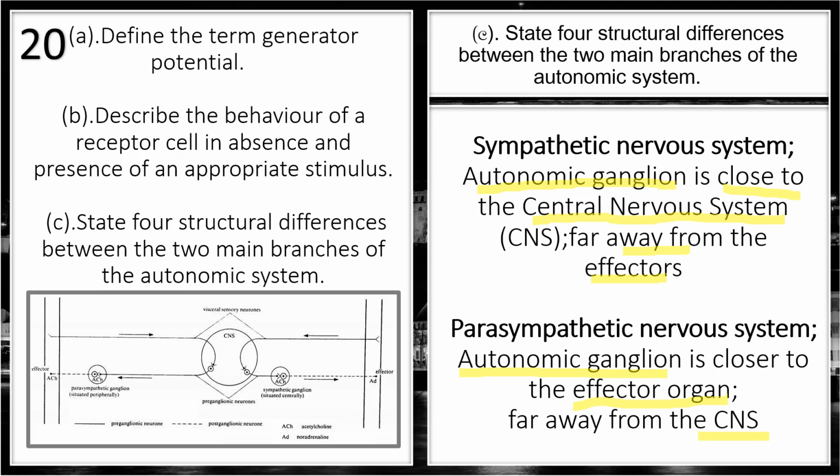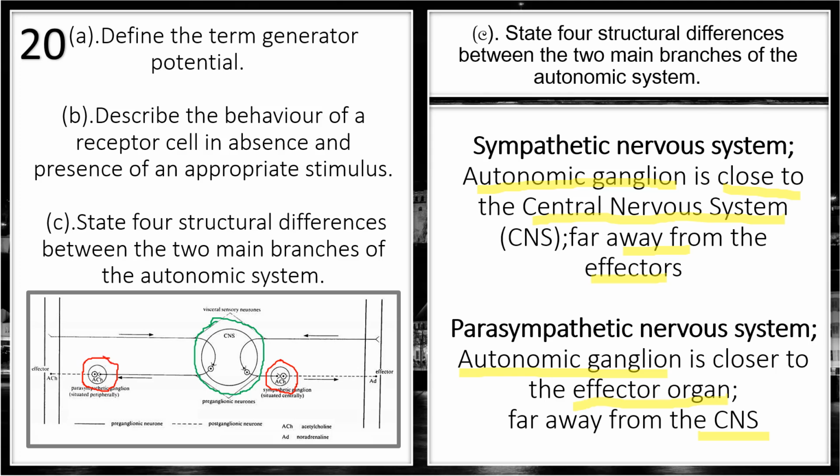So let us come back and look here. We can see that this is our central nervous system. And we have said this one is our ganglion of the sympathetic nervous system, and this one is also a ganglion of the parasympathetic nervous system.